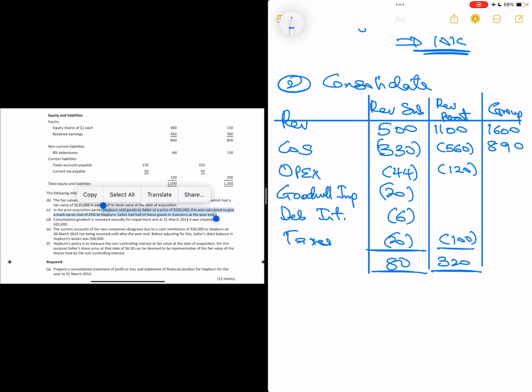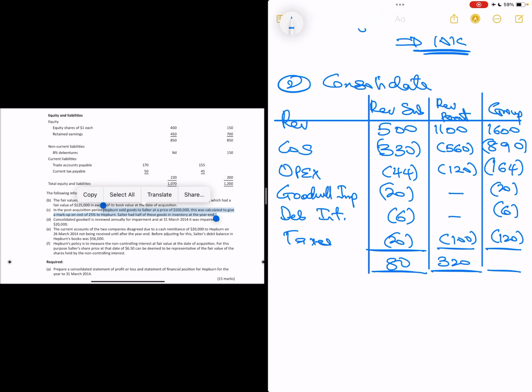Then OPEX, which is 44 and 120, we have 164. And this is 20, then 6, but there's nothing here, and 120.